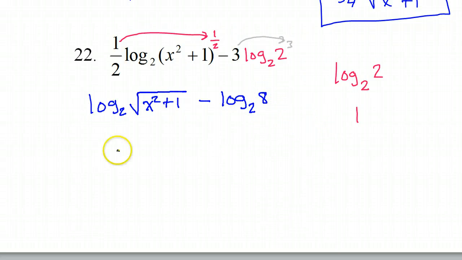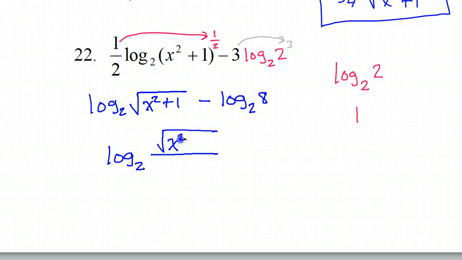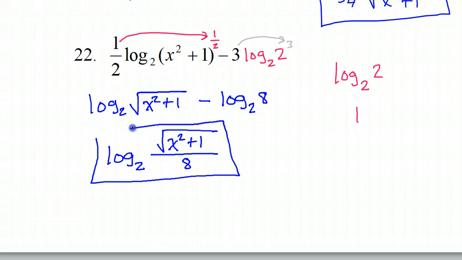Now I'm ready for the quotient rule. So this is going to be log base 2 of the numerator over the denominator, so the square root of x squared plus 1 over 8. And that would be the final answer.